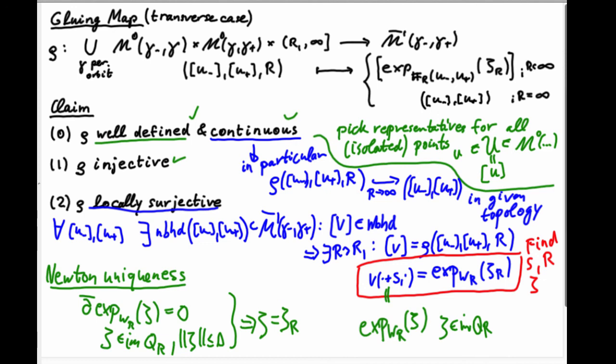So I don't really have to find the zeta at the end of the day. That's given to me by the Newton uniqueness, but I do have to find the S and the R. And that's another fun implicit function theorem.